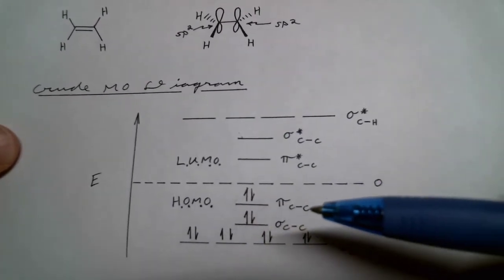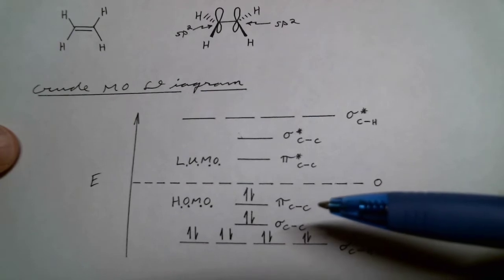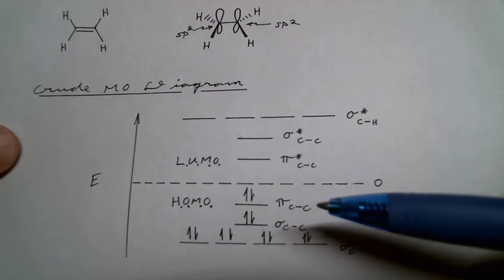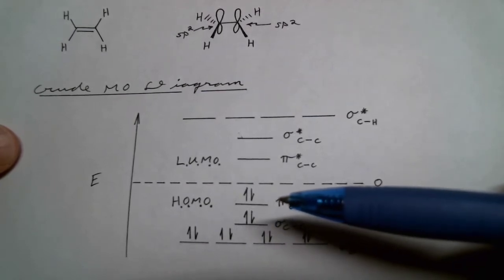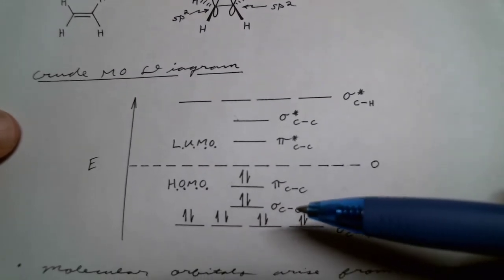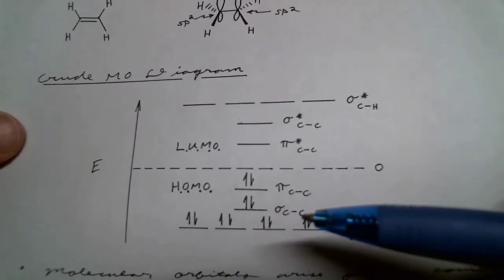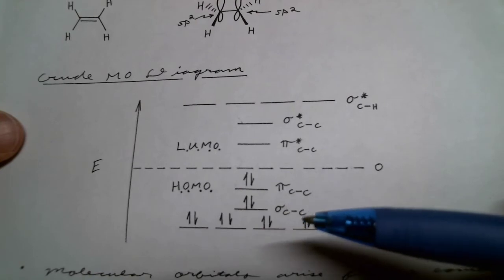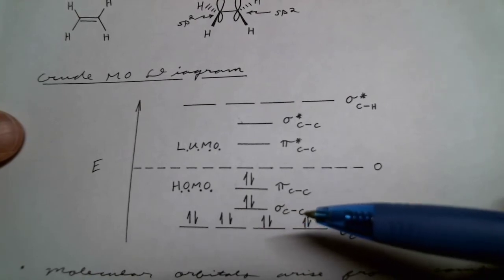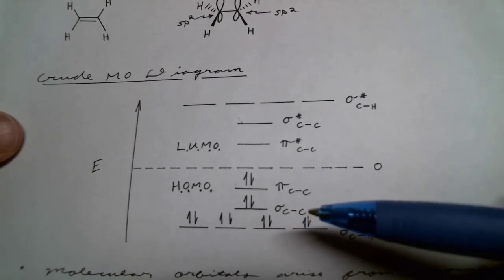And so that pi carbon-carbon bonding molecular orbital is a little higher in energy still than the single bond component. Because the single bond component, that sigma bond, is made up of an sp2 hybrid overlapping with an sp2 hybrid.